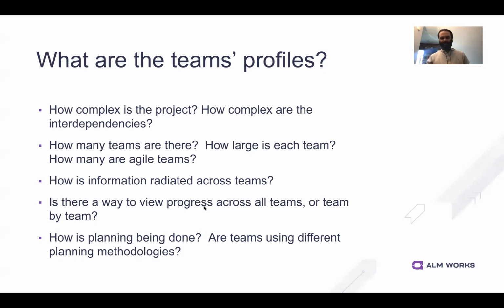And then this last one is easy to miss here. How is planning being done? Are our teams using different planning methodologies? Because if it's just Waterfall, work is kind of being pushed down onto them. If it's more Agile, they're taking work off the stack and committing to it. There's a lot of different variants in how these are actually managed, but ultimately this is slightly different from whether they're working Agile or Waterfall.